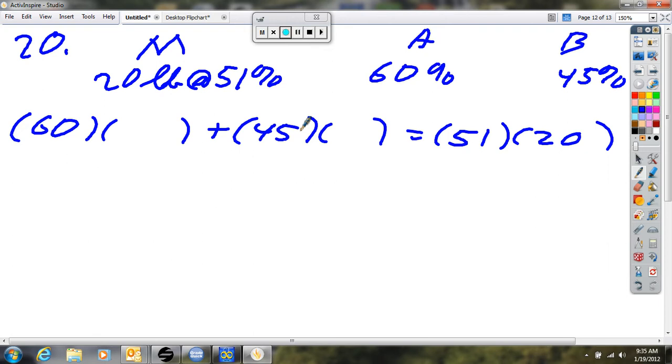Brand X sells 20 pounds. That is 51% peanuts. We don't have any more numbers. So what do we have though? X. This is 20. I don't have these numbers, right? So what do I put in here? X. This is X, because I'm looking for that, right?